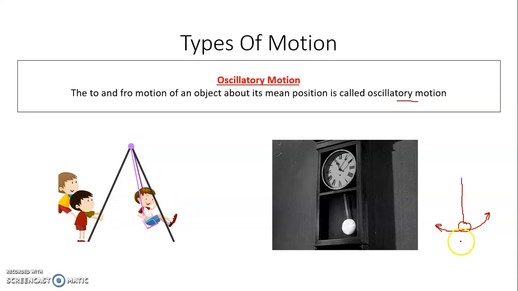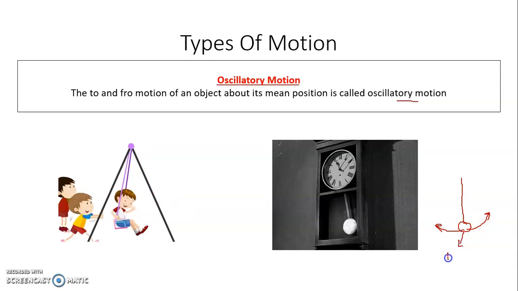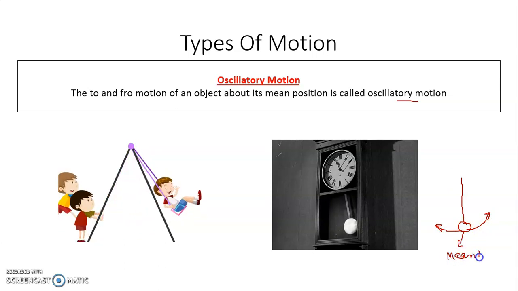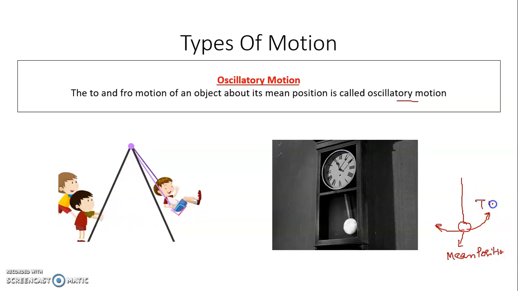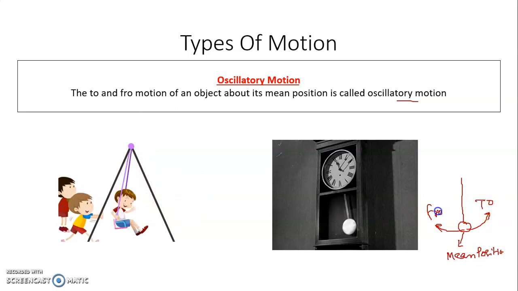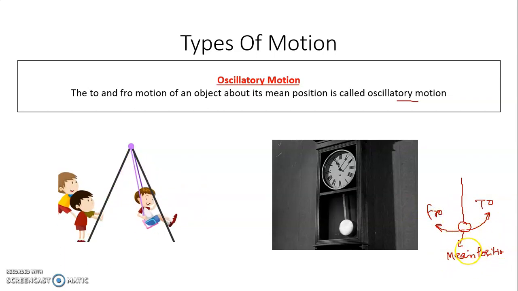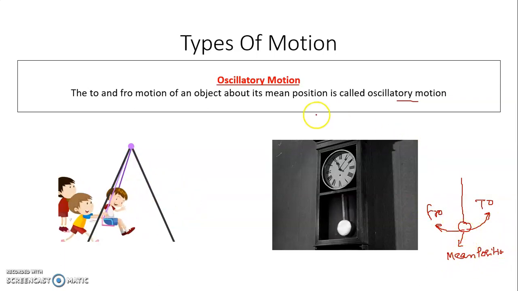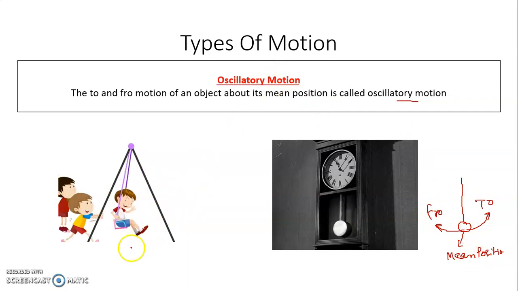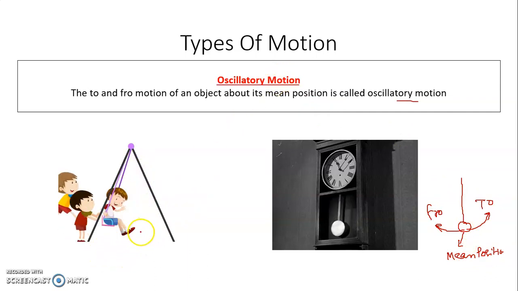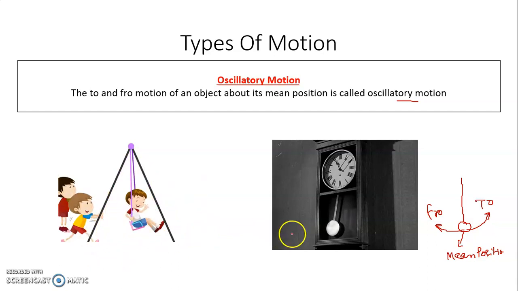This position is called the mean position, and the bob goes to and fro from the mean position. Such motion is called oscillatory motion. Two best examples of oscillatory motion are the boy on a swing and the pendulum of a clock.